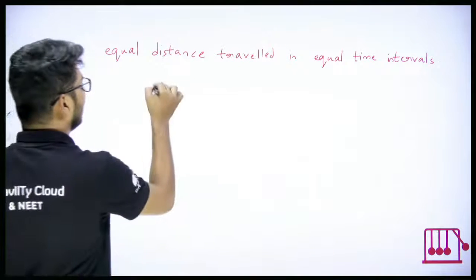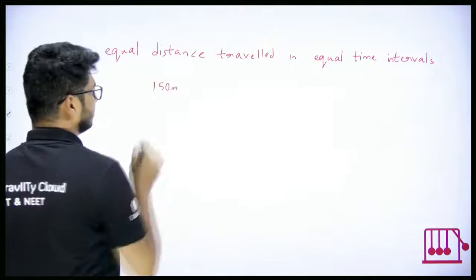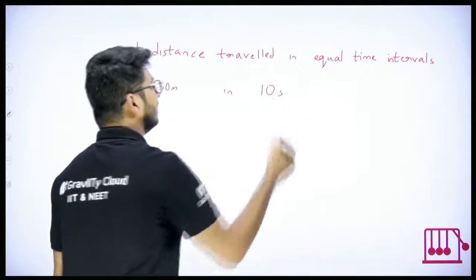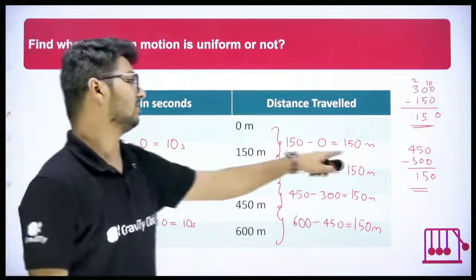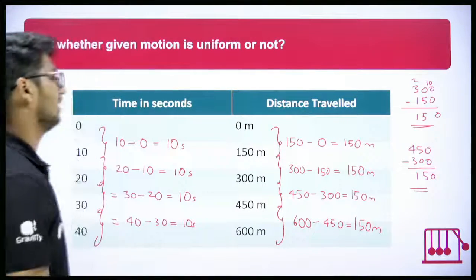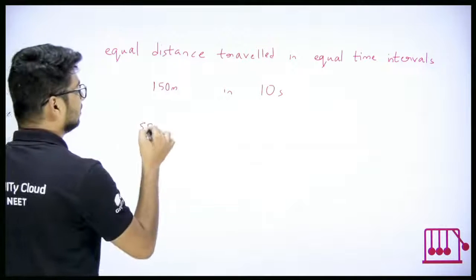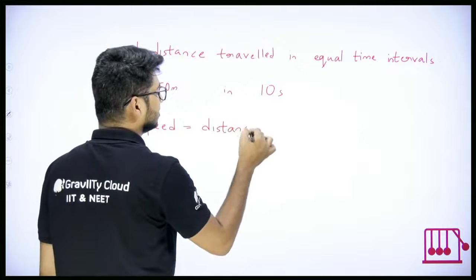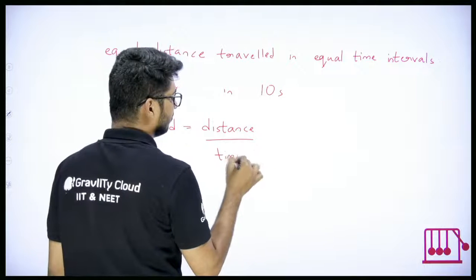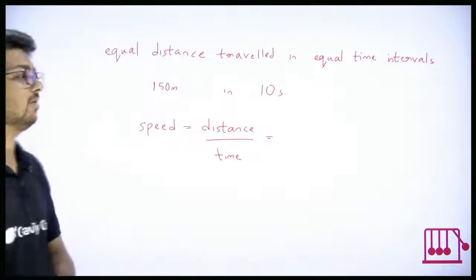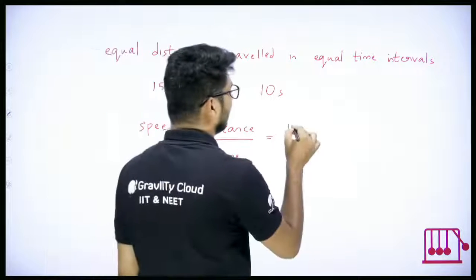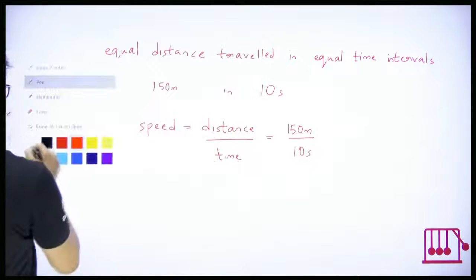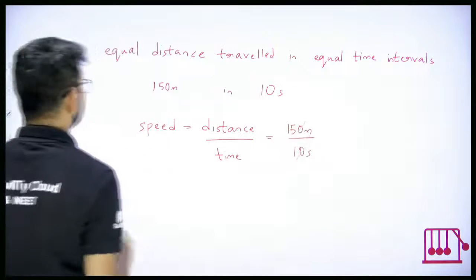That is, here we had 150 meters, distance traveled was 150 meters in how much time? 10 seconds. So what will speed be equal to? Speed will be equal to distance by time. That means it is 150 meter by 10 seconds. So you can cancel the 0s.